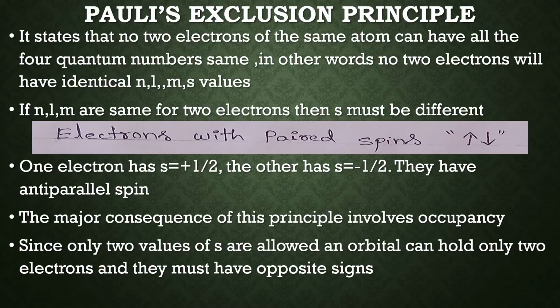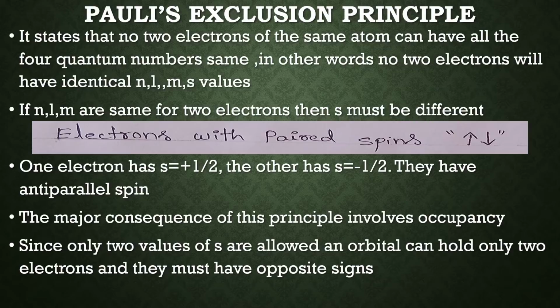In other words, no two electrons will have identical n, l, m and s values. If n, l, m are the same for two electrons, then s must be different. That means the principal quantum number, angular momentum quantum number, and magnetic quantum number are the same, but s must be different.